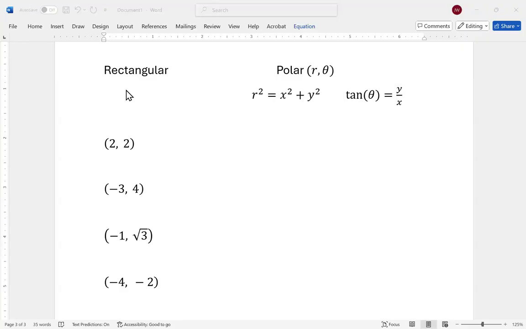When I start at rectangular and go to polar points, I need to use these 2 equations. r squared is equal to x squared plus y squared, and tangent of theta is equal to y over x.